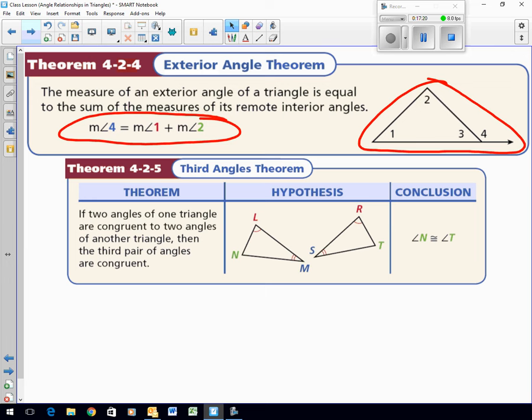The exterior angle theorem says that the measure of an exterior angle of a triangle is equal to the sum of the measures of its remote interior angles. Just draw the diagram and write the equation, and make sure that you label this exterior angle theorem.